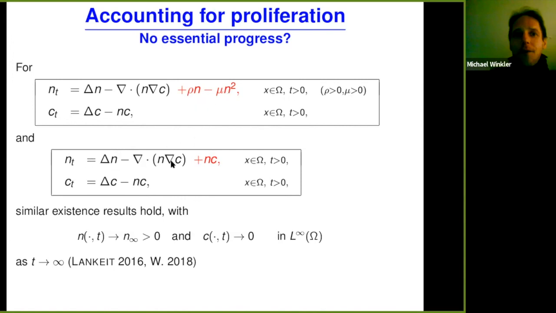Or others, they suggest to add some sort of a food supported proliferation. So whenever bacteria eat, they are more likely to proliferate. But all these things lead to essentially the same result. There is convergence towards something homogeneous in the first and to 0 in the second component.